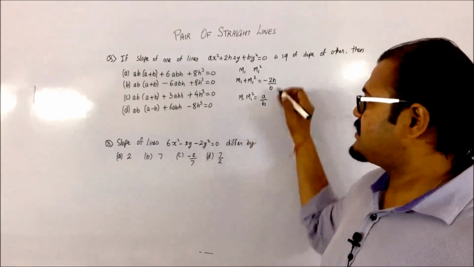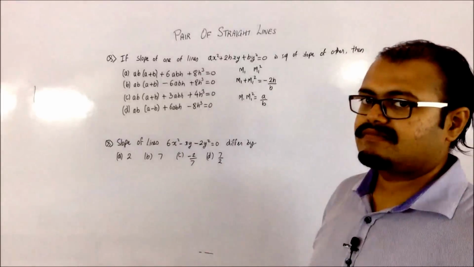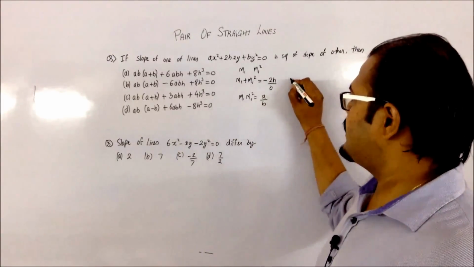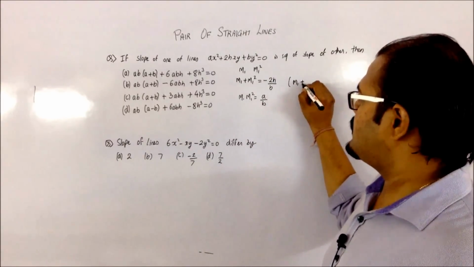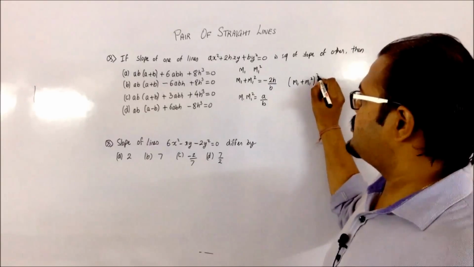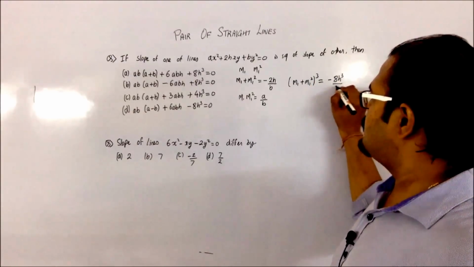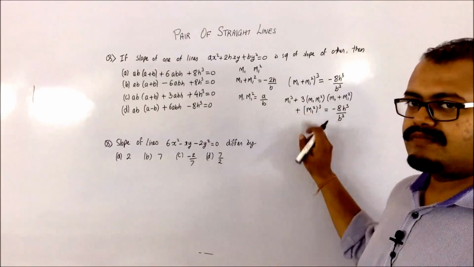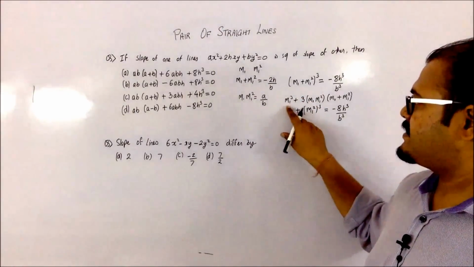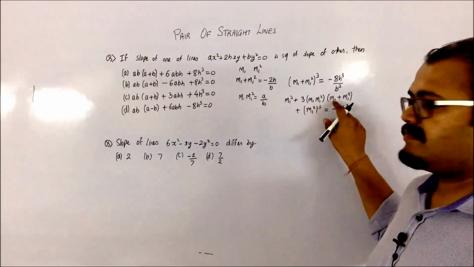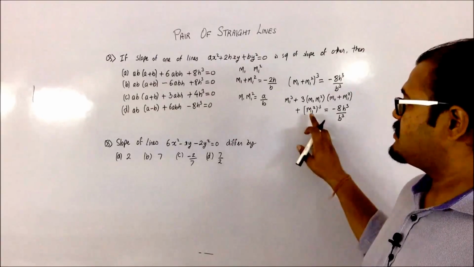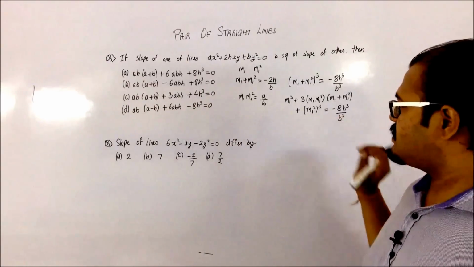So what I will do is, I will cube this term throughout. So I will get m1 plus m1 square cube is equal to minus 8h cube by b cube. So when I cube this term, I will get a cube plus 3ab into a plus b cube, which is equal to this.